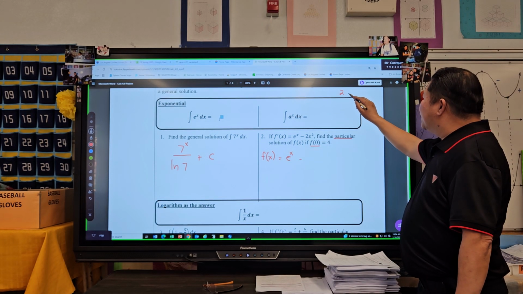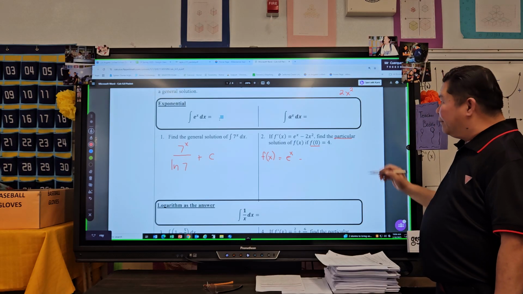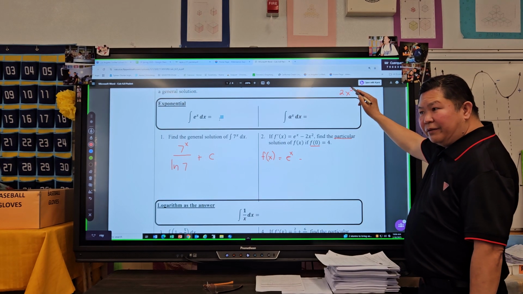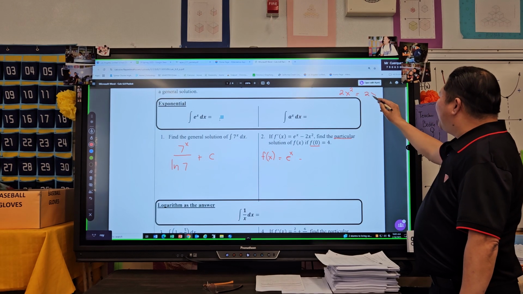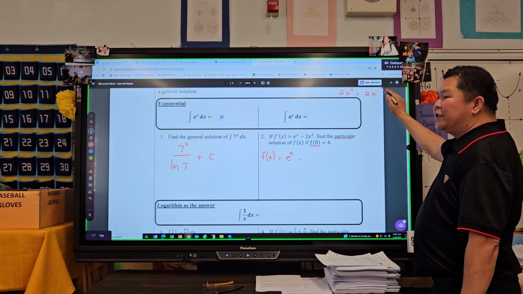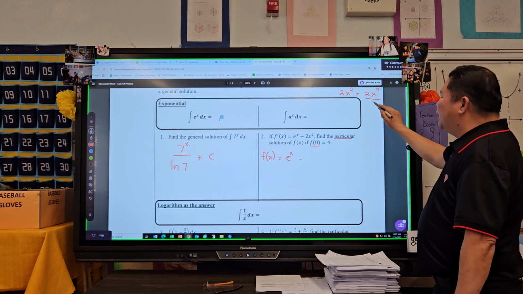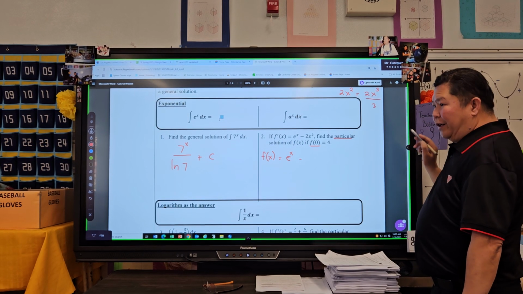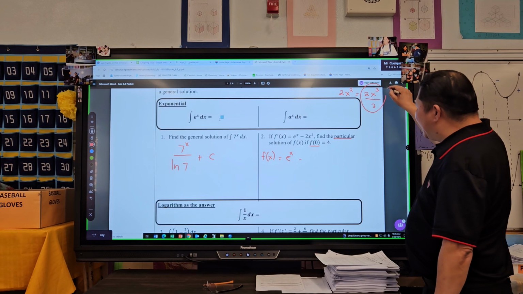Shall I write here first 2x to the power of 2 and then do the antiderivative? Remember, this is the derivative. What is the antiderivative? The power increases by 1. So what happens to the power? The power becomes 3 over 3, the new power, right? So this is it.